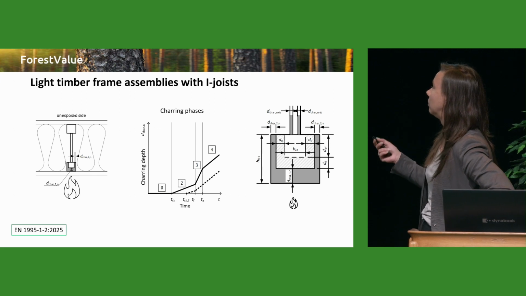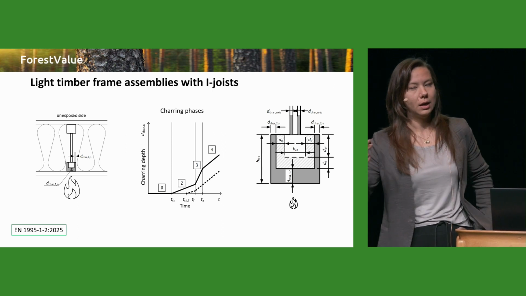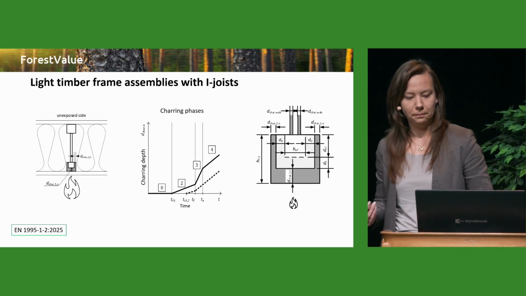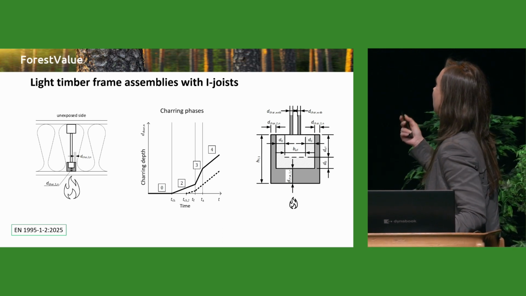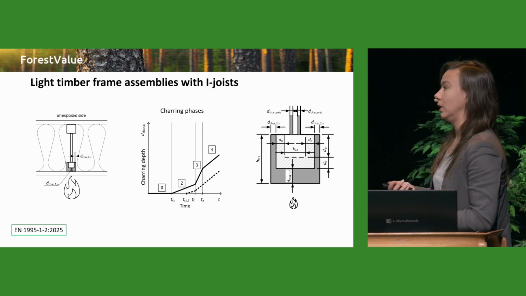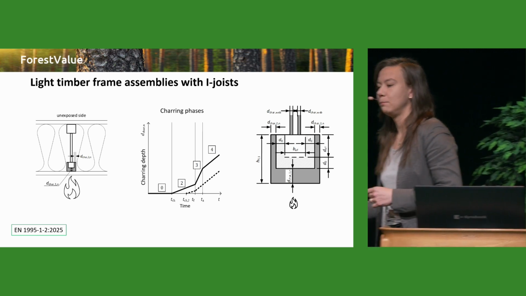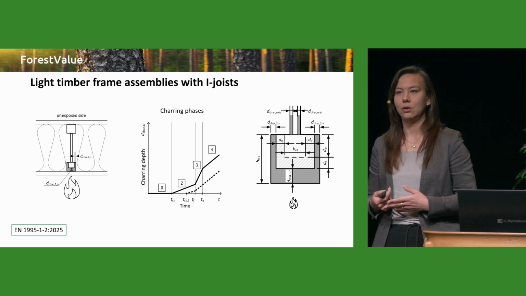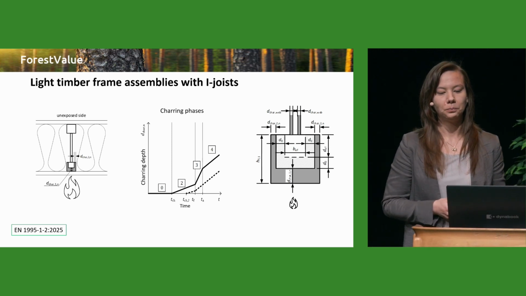So this graph represents the different phases of the development of the char depth on different sides of the I-joist. And then finally, since the actual shape of the charred flange of an I-joist is round, we will transfer it to a more comfortable rectangular cross-section, for the ease of calculation.